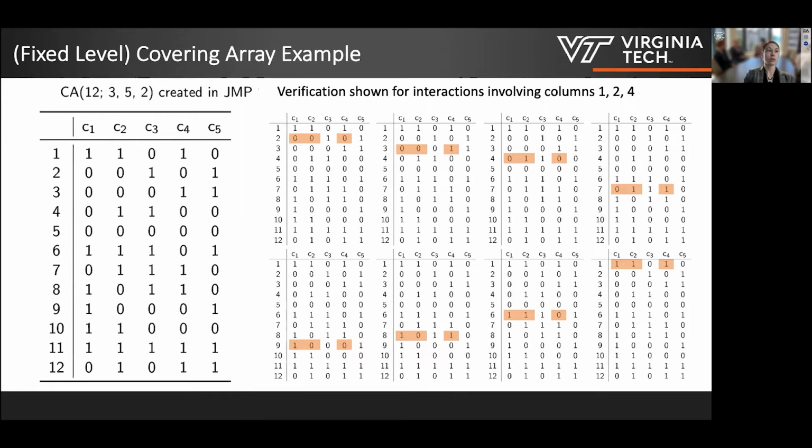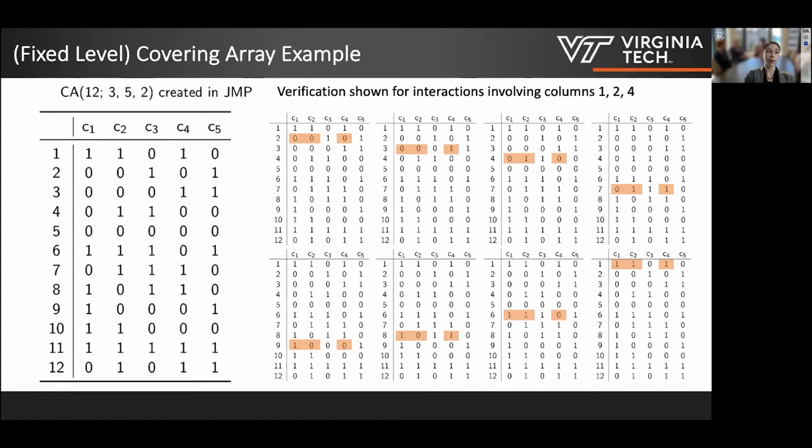Let's say that that was the case, and let's say that those are the set of rows that are failing. It is not possible then to say which interaction is causing the fault. We know that one of the interactions involved in that test is faulty, but we don't know which.